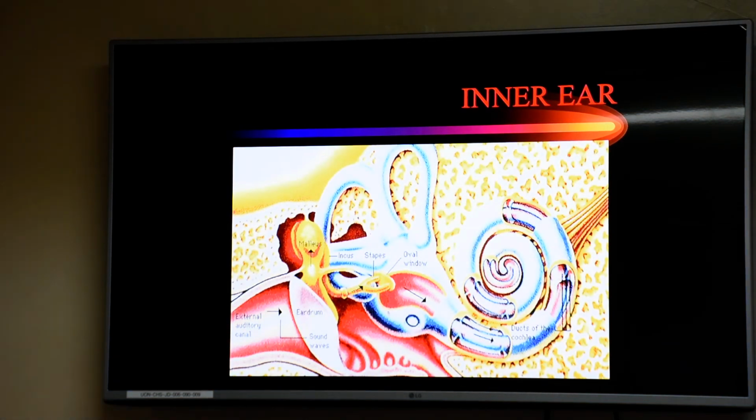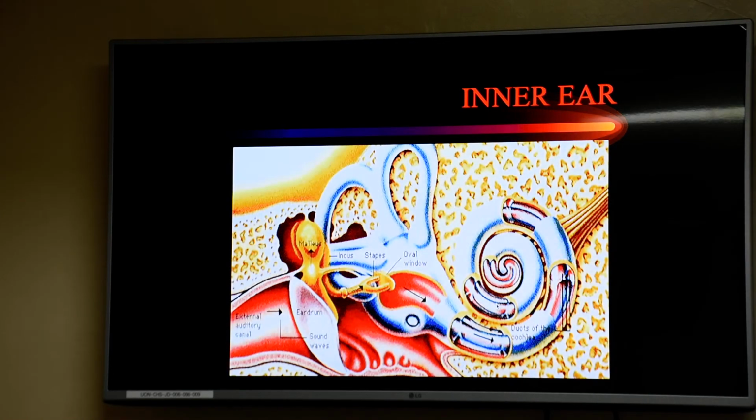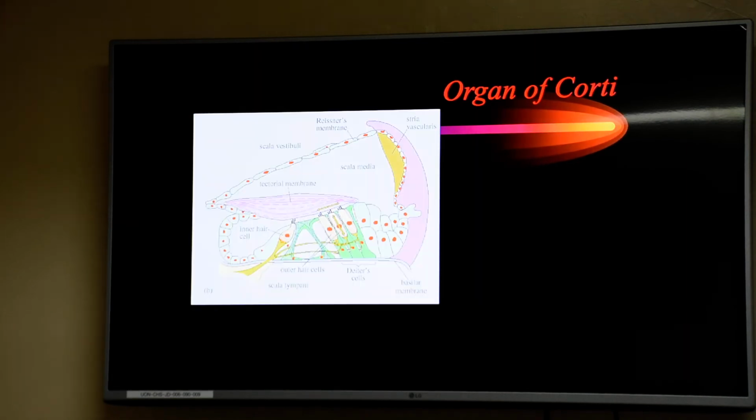Once you reach the inner ear, there is a coiled bony tube which has a softer membranous tube inside. The cross section of this, now shown here, looks something like this, where the scala media is where you have the actual organ of Corti, with the inner and the outer row of hair cells.